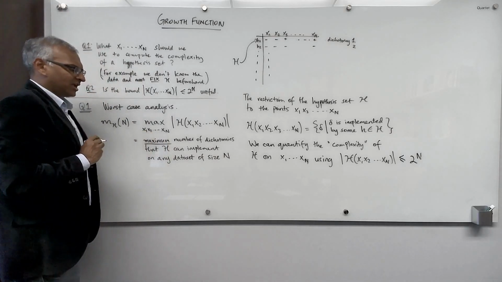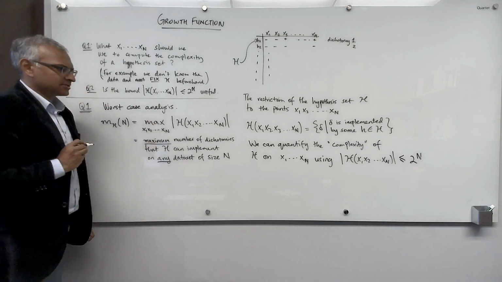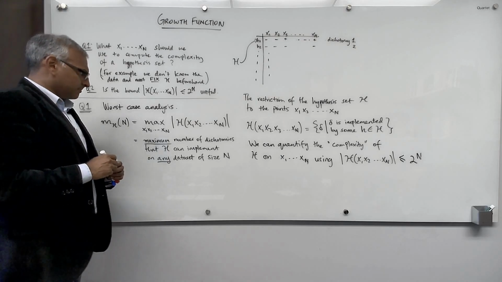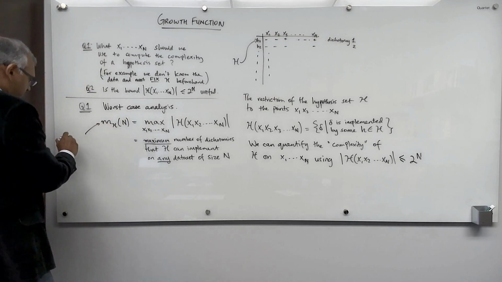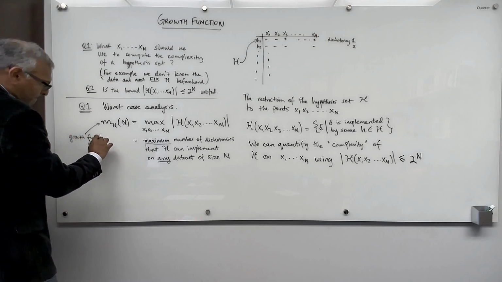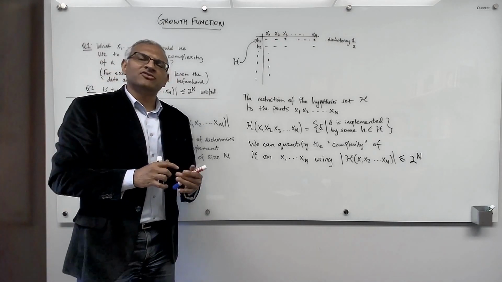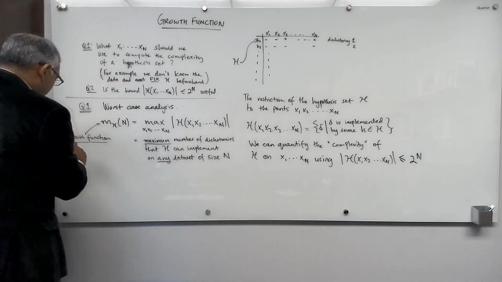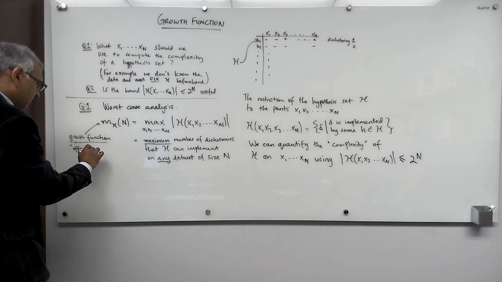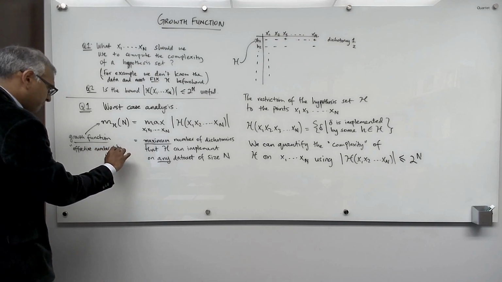Maximum number of dichotomies that H can implement on any data set of size n. Now, this is called the growth function. And it is going to be our effective measure of complexity. So you can think of it as an effective number of hypotheses.